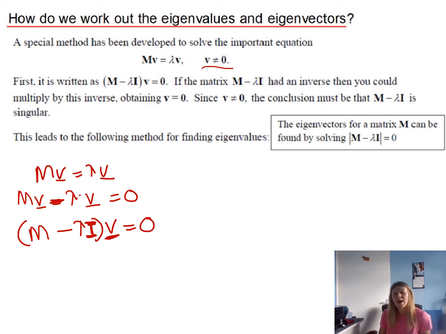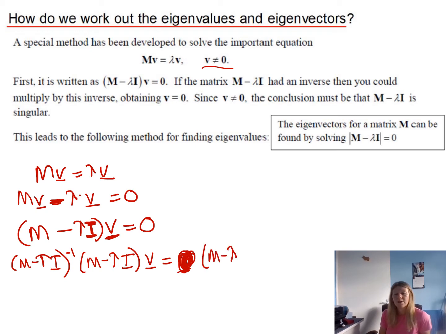So it's first written as this, yes. If the matrix M minus lambda I had an inverse, you could multiply this by the inverse. If this had an inverse, we could get rid of it, couldn't we? We could put (M minus lambda I) inverse times (M minus lambda I) v equals (M minus lambda I) inverse times the 0 vector.